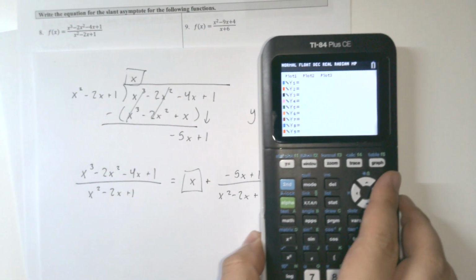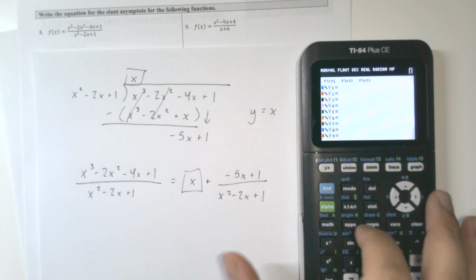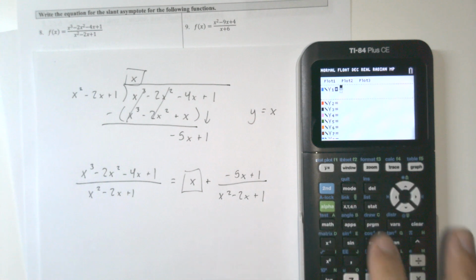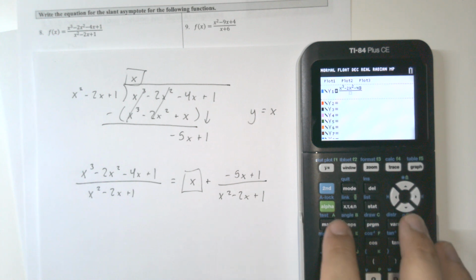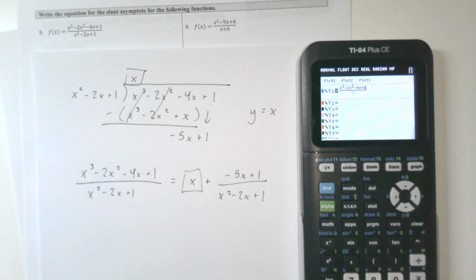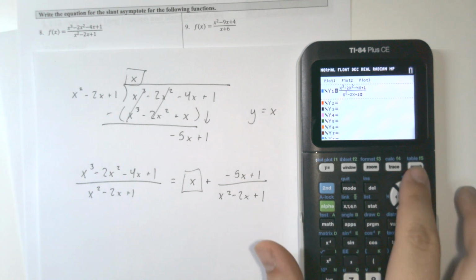So if I go to the graphing calculator and I type in this function, x cubed minus 2x squared minus 4x plus 1, divided by x squared minus 2x plus 1.